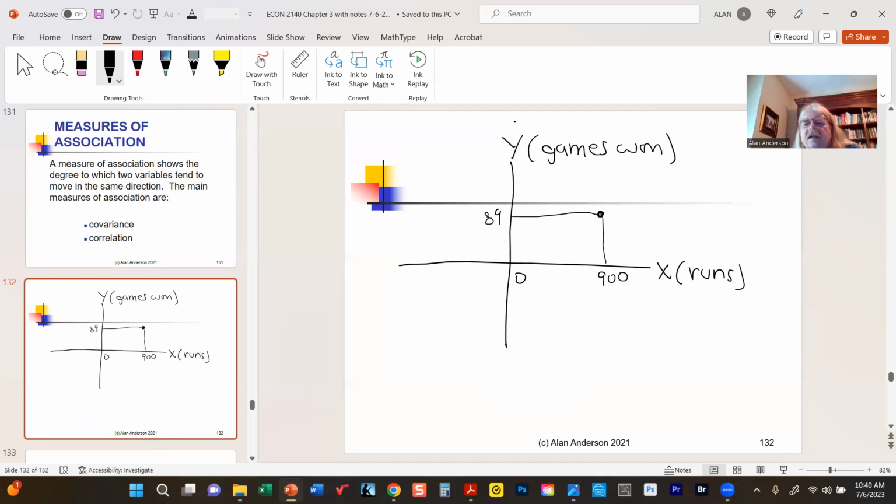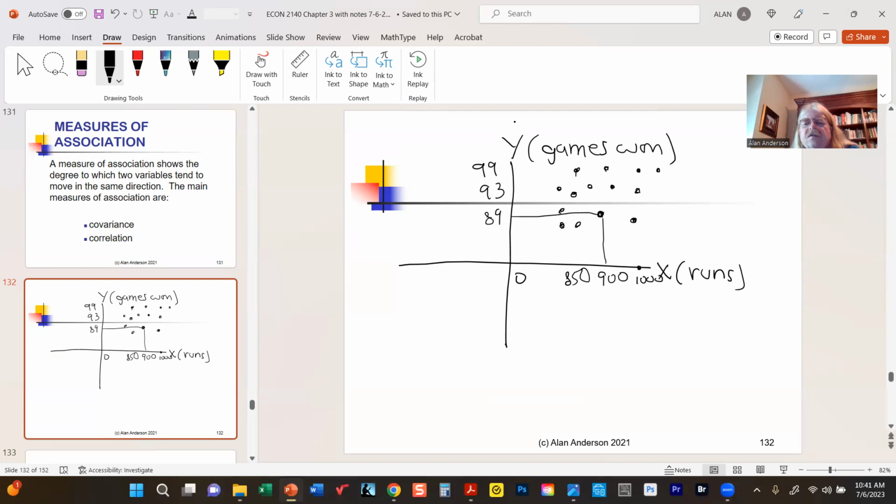Then in another year, they scored 850 runs, but their pitching was really good that year, so they won 93 games. And then there's another year where they really went nuts and scored 1,000 runs, and because of that, they're able to win 99 games. And so we can populate this graph, with one point representing each year, for however many years we're looking at.